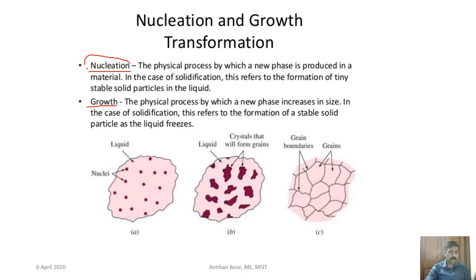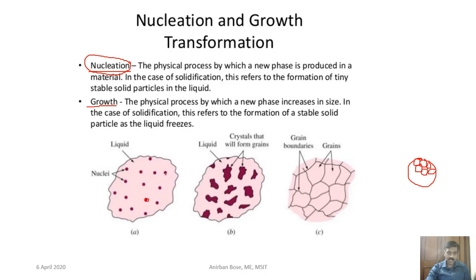Now in the nucleation part, what happens is that initially at different positions some solid particles are trying to form. What do we mean by a particle? A particle is a collection of some atoms. That's all. This is called a particle.